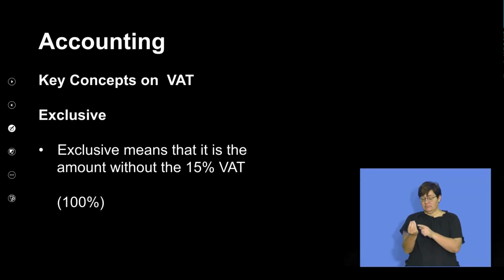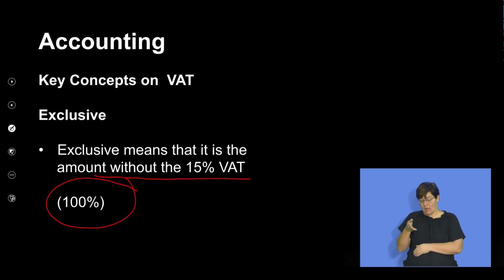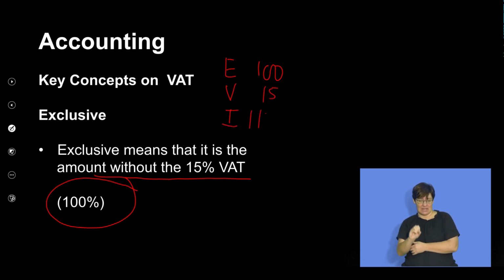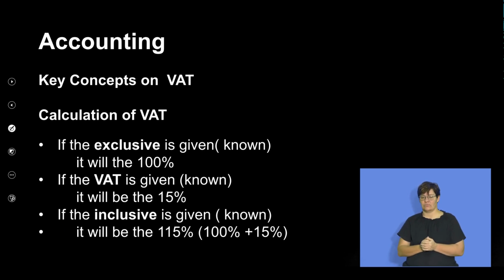Exclusive means that the amount is without the VAT at 15%. In other words, it's the 100%. So remember, exclusive is the 100, the VAT is at 15, and inclusive would be 115, where it's 100 plus the 15. So that will give you a clear indication of how to go about doing your calculations. So, if the exclusive is given to you, it will be 100%.